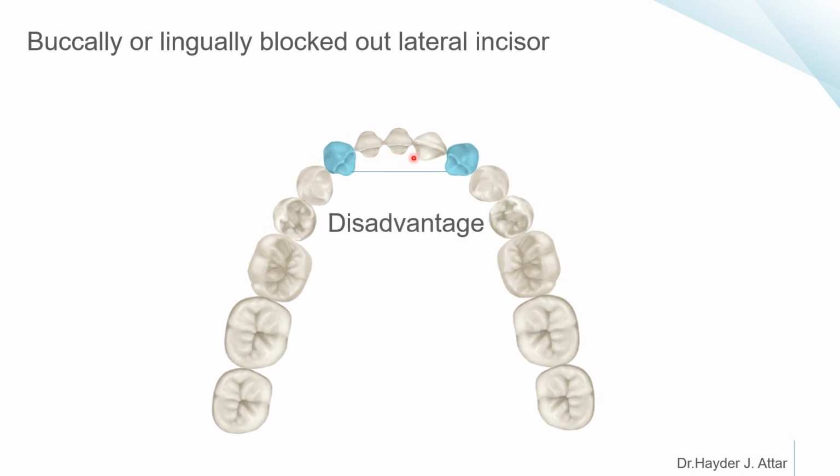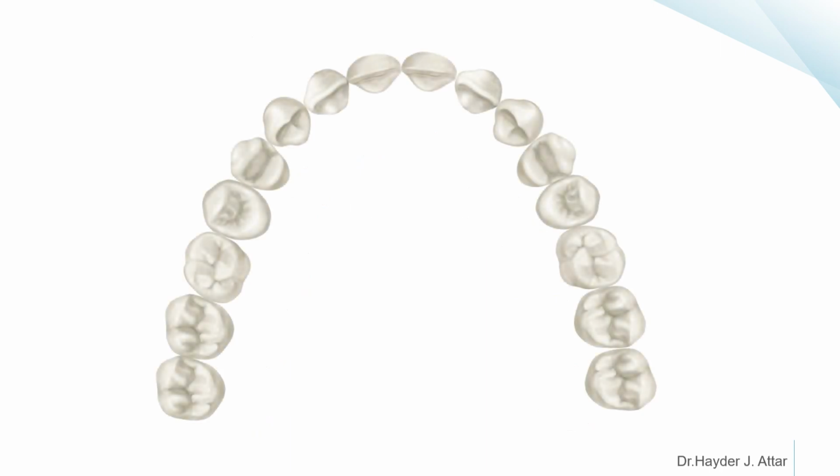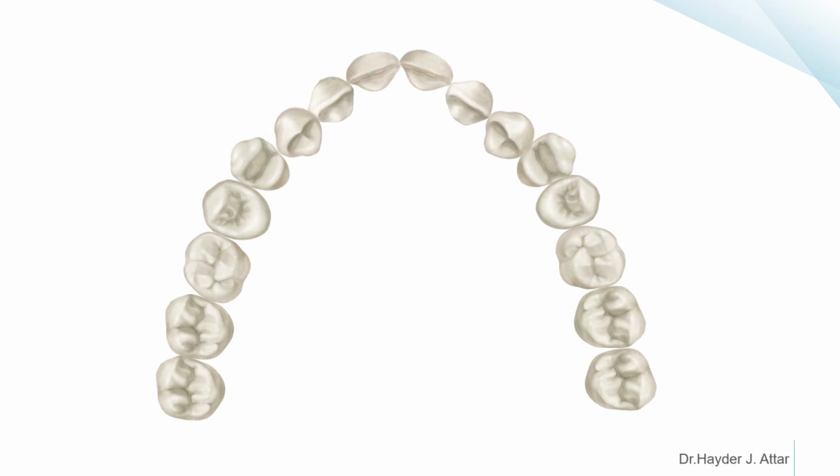relieves the crowding. But the disadvantage of this extraction is that the intercanine width will be decreased, and the decreasing of the intercanine width of the mandibular arch will affect the intercanine width of the maxillary arch in the anterior region and cause secondary crowding of the maxillary arch.